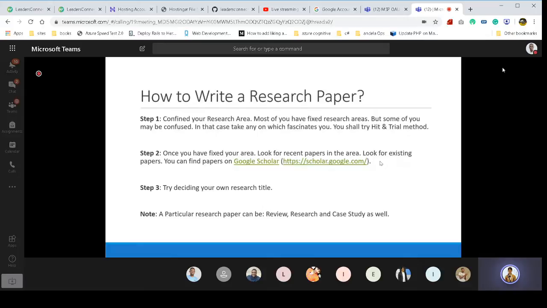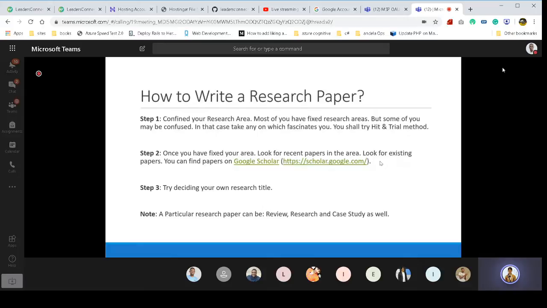Maybe like currently people are analyzing the COVID situation and writing papers on it, claiming that if we have a similar situation in future, we can handle it better by getting the experiences from the current condition. And how do you jot down the experiences? You write a paper on it, so that there is proper documentation for us to use in future when something like this repeats. So it can be a case study.